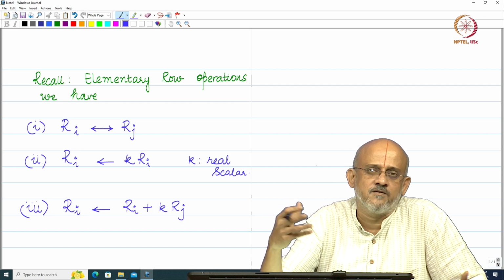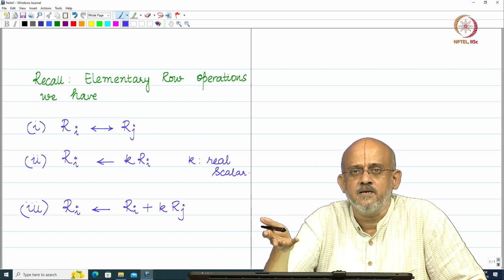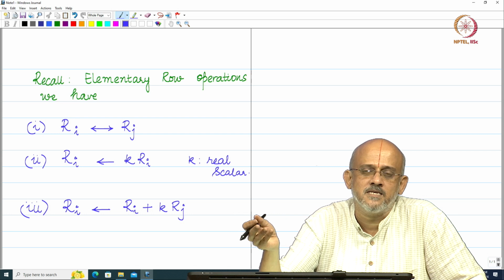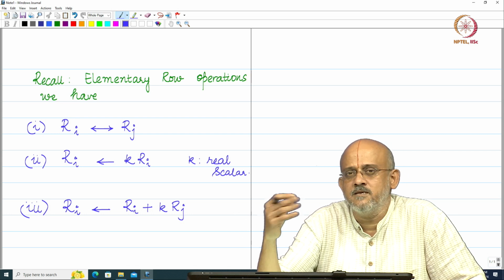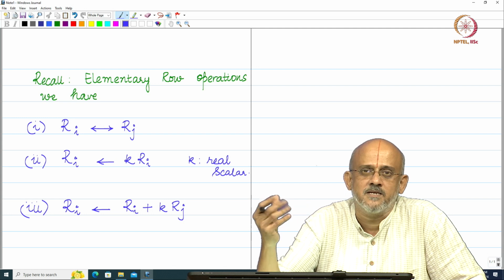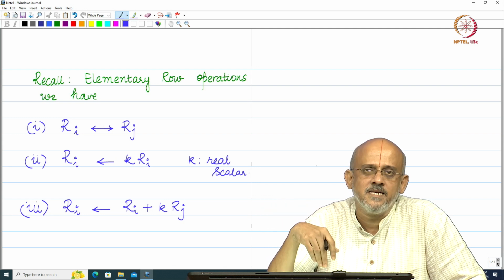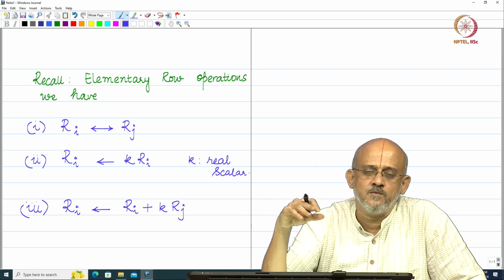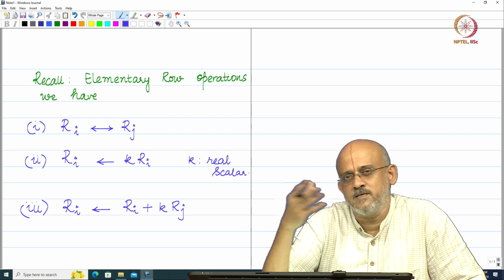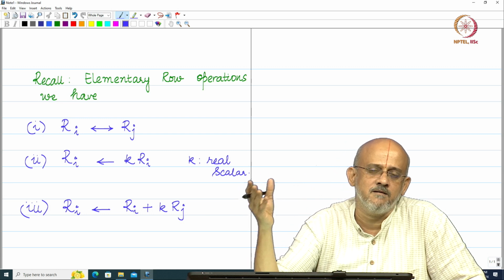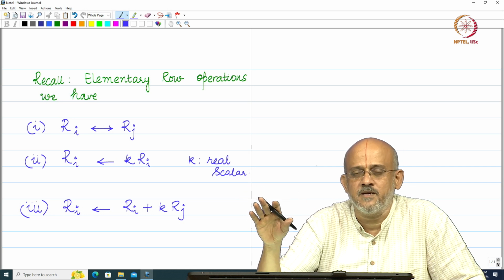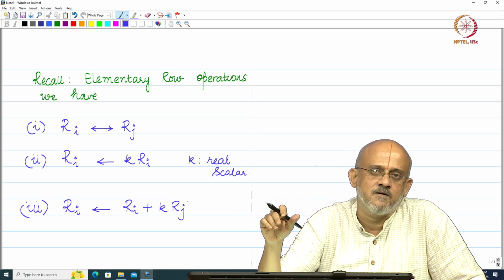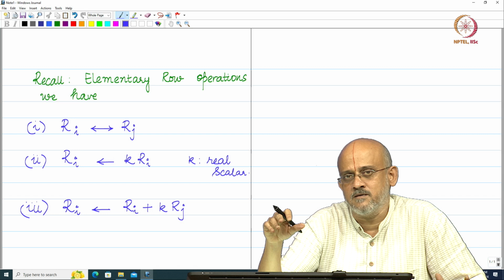We have seen the geometry: both are the same lines, and if the lines intersect, they intersect at the same point. Only the order in which the equations appear has changed. In the second case, you replace one row with a multiple of the same row, which means throughout you multiply with the same scalar, both left hand side and right hand side. So I have the same set of equations, and therefore the solution does not change.